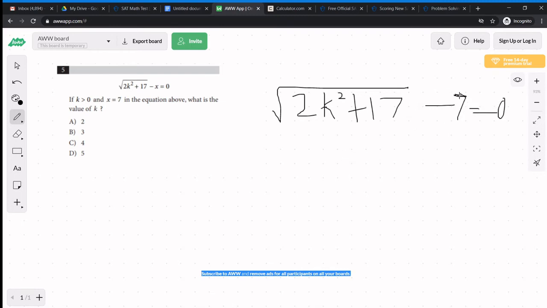So what we want to do whenever we have a radical in our equation, we want it to be alone on one side of the equation. What else is on this side of the equation? The negative 7, so let's add that to both sides.